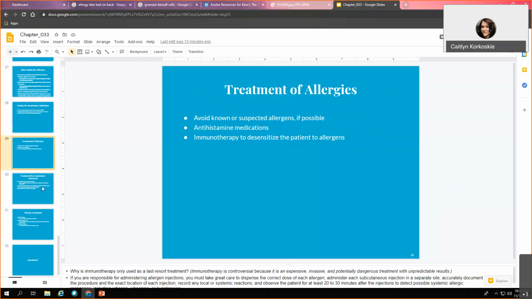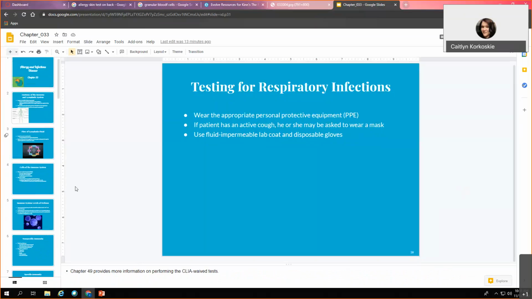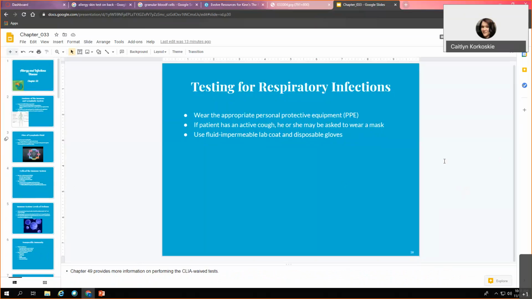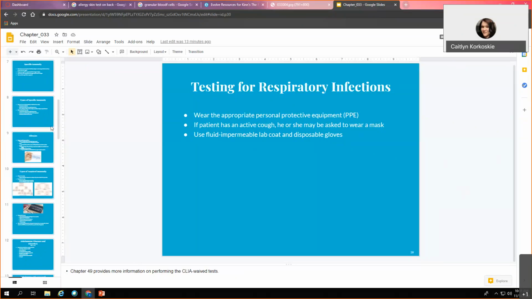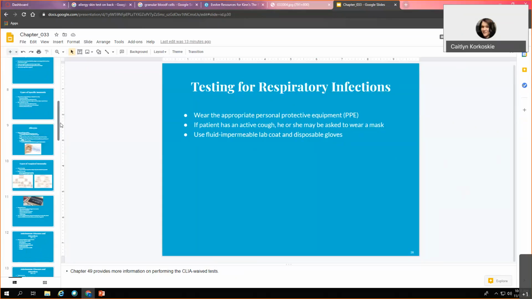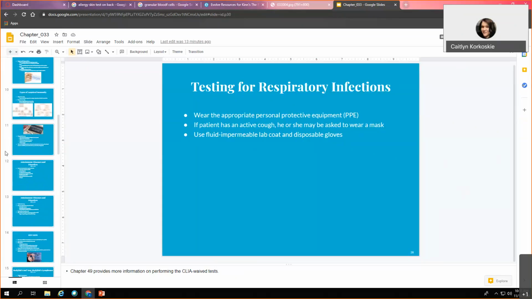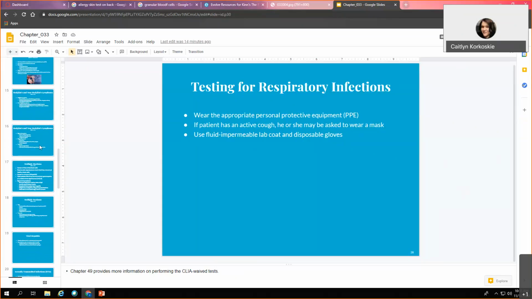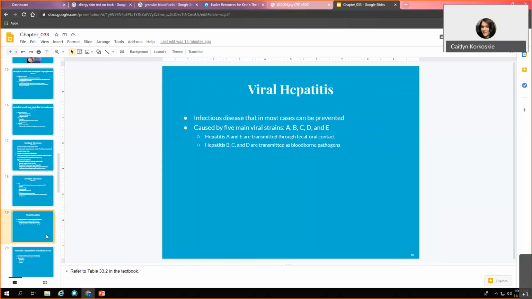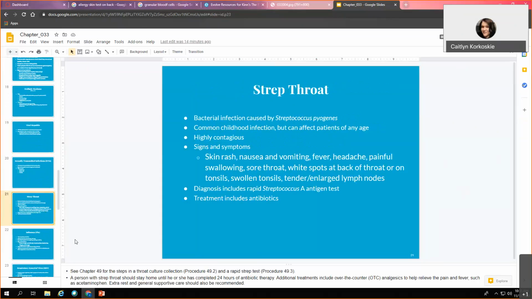For the PowerPoint, you want to do it as if you were explaining it to a patient: how the lymphatic system works and its sole purpose, the different stages of allergies and how your immune response works, some common conditions like viral hepatitis and strep throat and their symptoms, and then diagnostic tests and treatments.